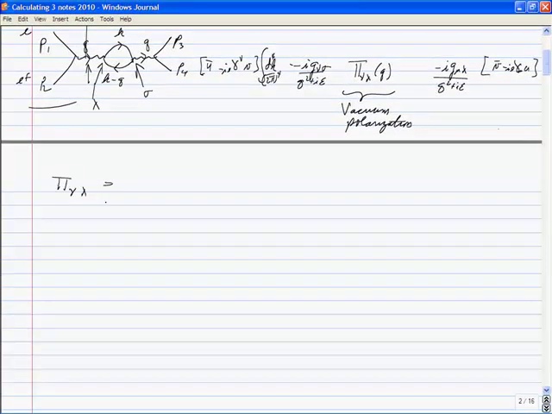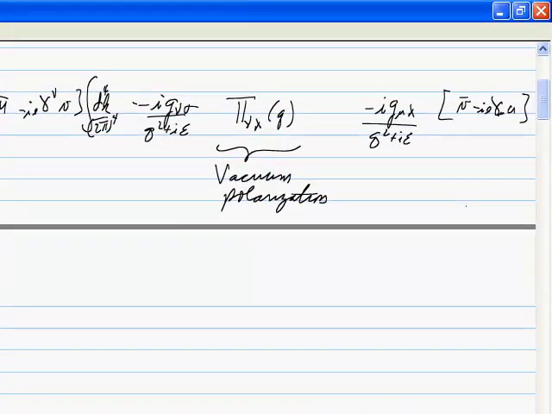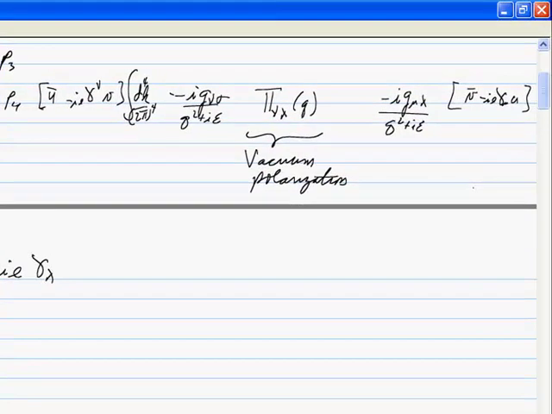Well, let's imagine I'm starting right here. That first vertex there, the rules tell me I should write minus I e gamma lambda. Okay, so that's that. But now there's no external states on it, and this is a matrix. So if I think of it as a matrix, what sits on the side of it?